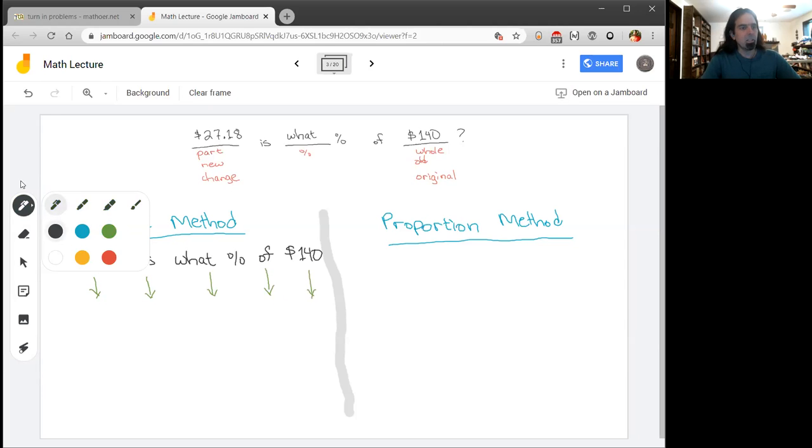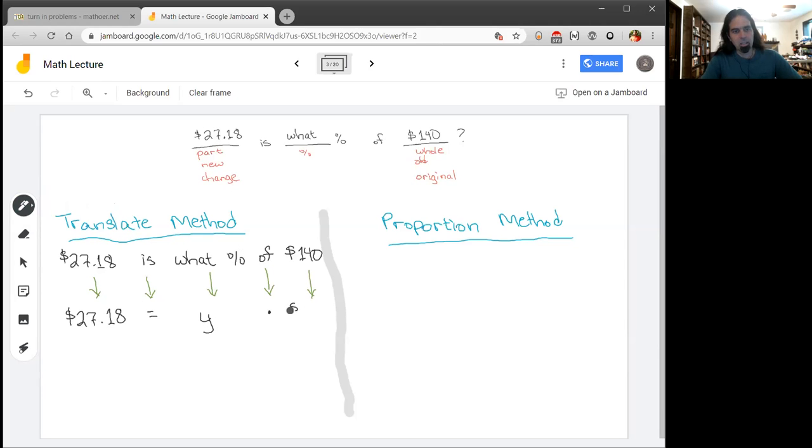So a number stays a number. Is becomes equals. What is the thing we don't know? Of becomes multiply. And a number stays a number. Notice we didn't do anything with the percent symbol, so we'll have to deal with that eventually, but not yet.